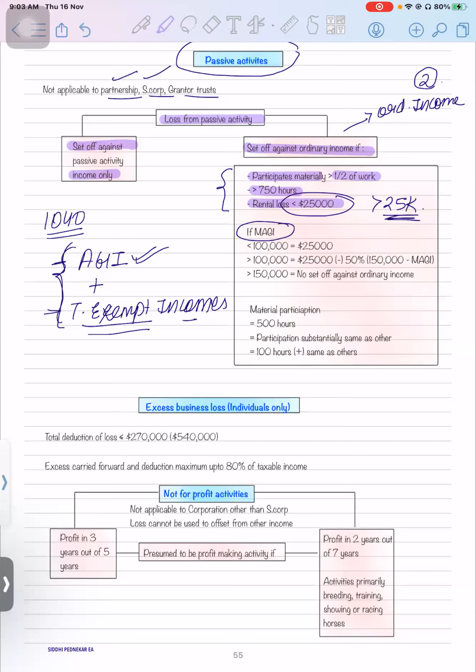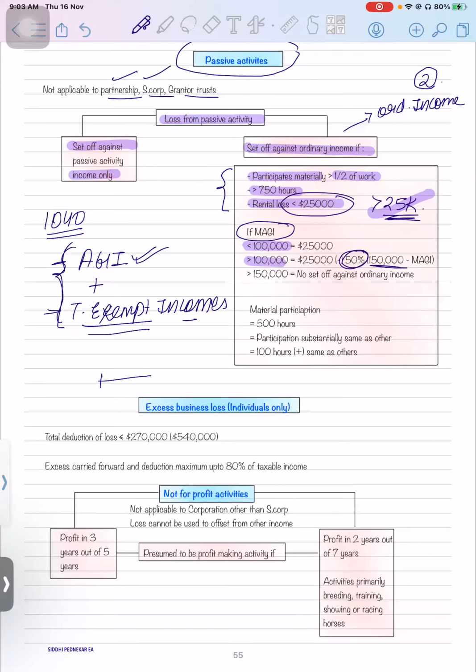If it is up to 100,000, the whole 25,000 will be allowed as a deduction from your ordinary income. If it is more than 100,000, you will have to reduce by 50%. You have to phase out. 50% of what amount, guys? 150,000 is the highest limit.